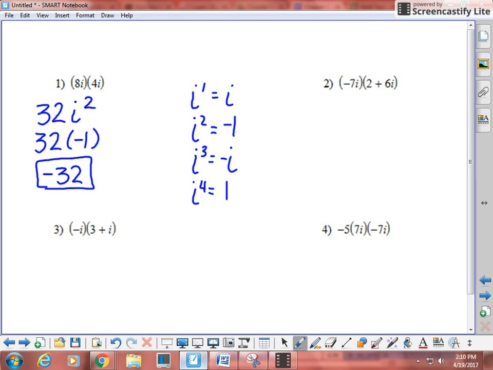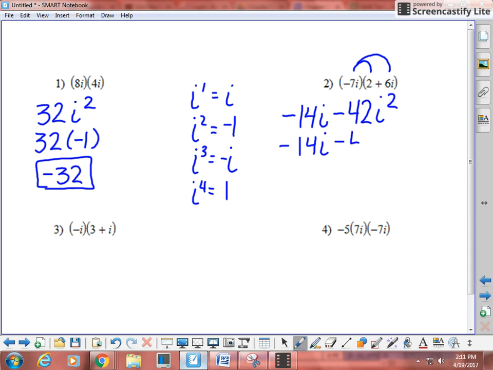Okay, moving across to number 2. Something like this, you're going to want to distribute the negative 7i. So this has to go to both parts. When I multiply the numbers, I get negative 14i, and distributing it to the second one, I get negative 42i squared. Well, i to the first is just i, so that one stays as is, negative 14i.